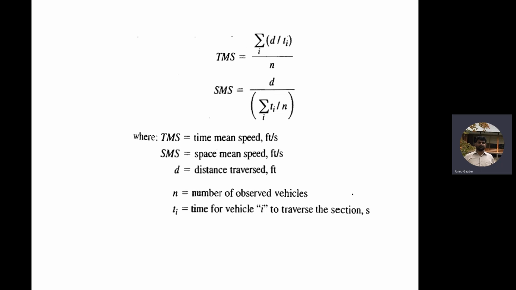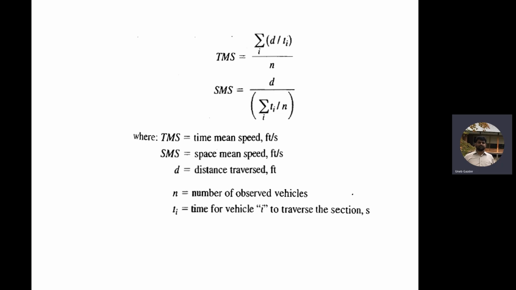The time. Summation of T upon N will give you average time, right? So in the first one, you are taking the average of speed directly: D upon T is speed, so summation of D upon T upon N is the average speed. In the second one, you are taking the distance of the section divided by the average time. Summation of t upon n is the average of time. So this is the main difference between them.